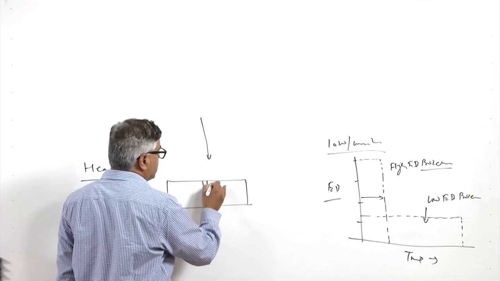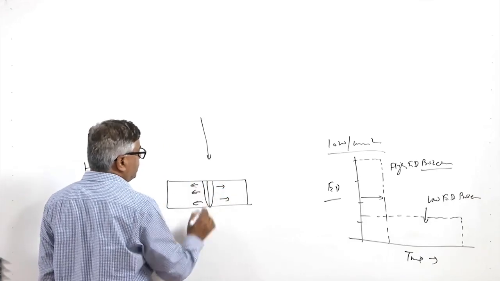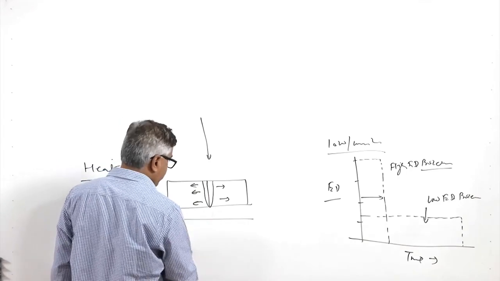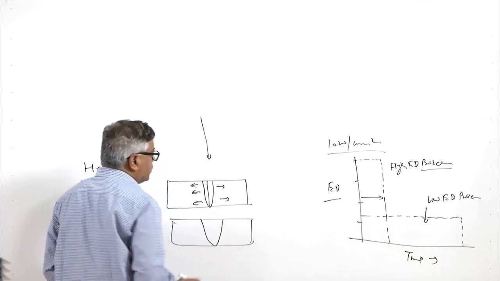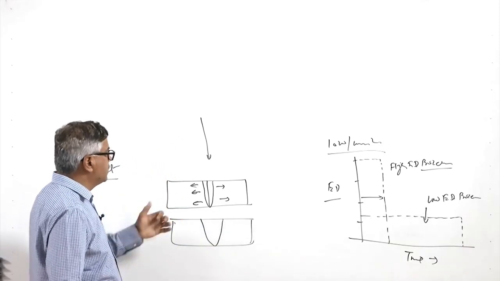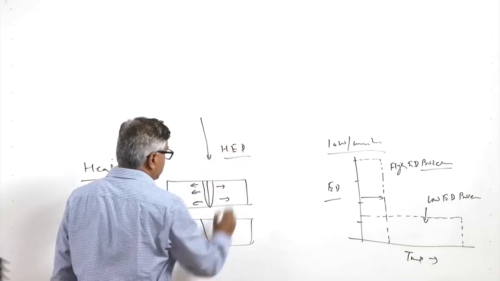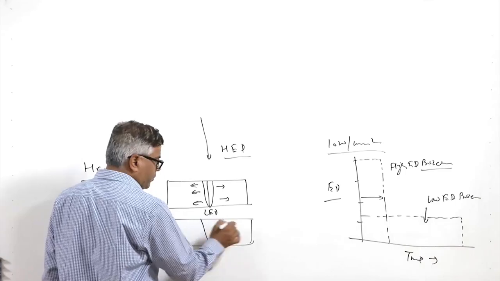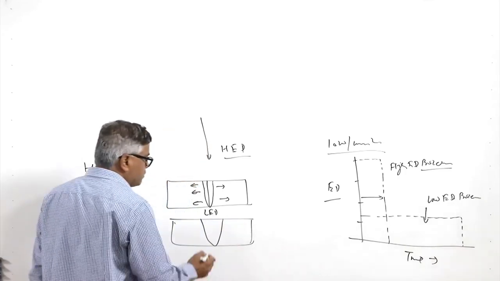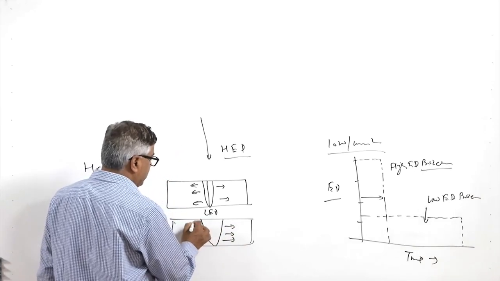So in that case the dissipation of heat to the base metal will be less as compared to when the same combination is subjected to heat delivery using a low energy density process. This is a high energy density process and this is a low energy density process. The low energy density process requires a lot of heat to be delivered to the base metal because it takes longer, so a lot of heat will be dissipated to the base metal.